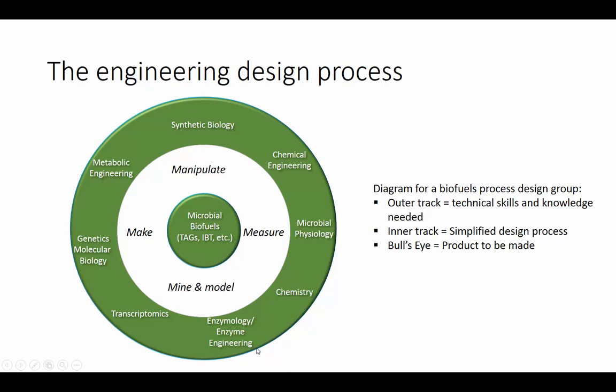So essentially what you have in the outer track here are technical skills, knowledge, different scientific knowledge needed in order to design and process biofuels from a variety of carbon sources. The inner track is the important thing here. It's a simplified engineering design process. So you have manipulate, measure, mine and model, and make.